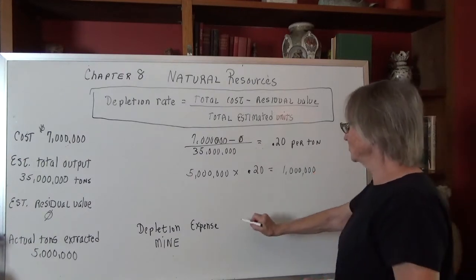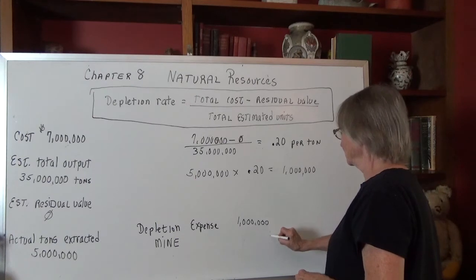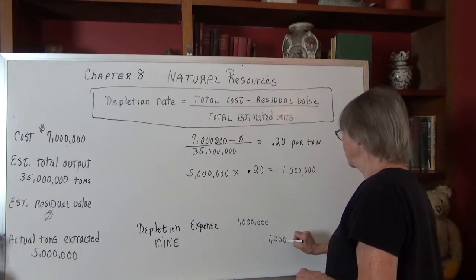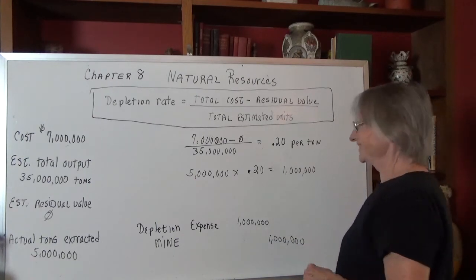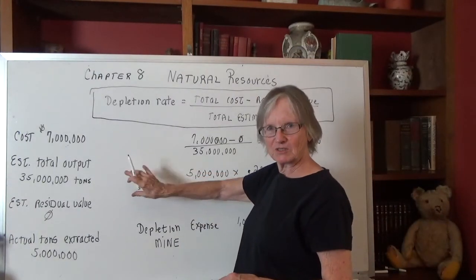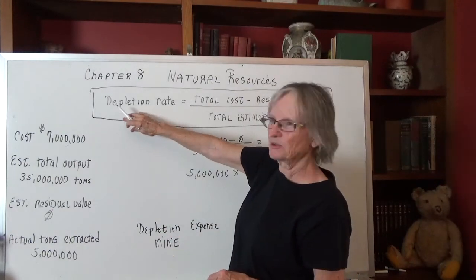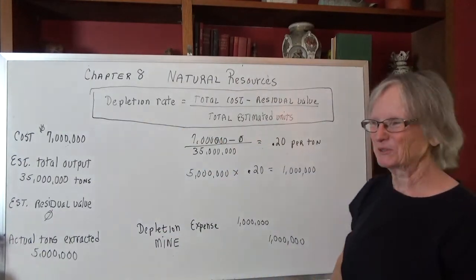So you do depletion expense, 1 million, and credit the mine or accumulated depletion. On an exam, you cannot use an abbreviation like DEP, because that could be depreciation or depletion. So you have to let me know that natural resources get depleted.